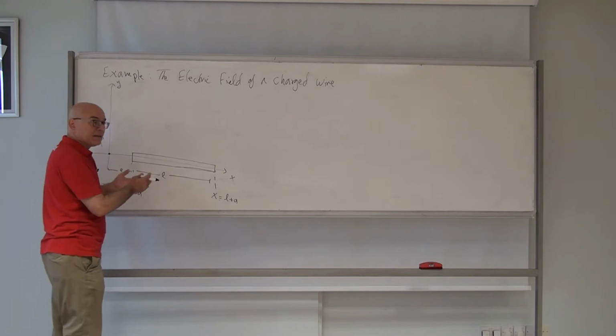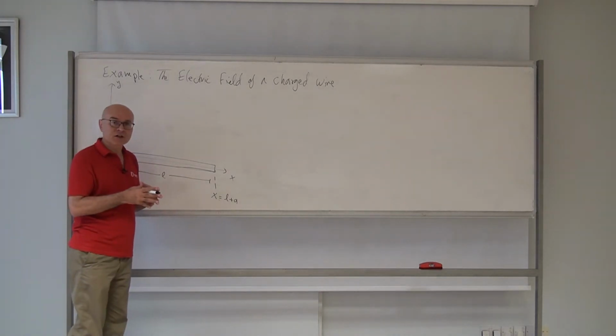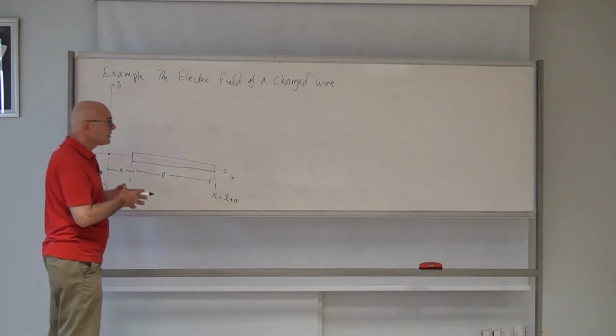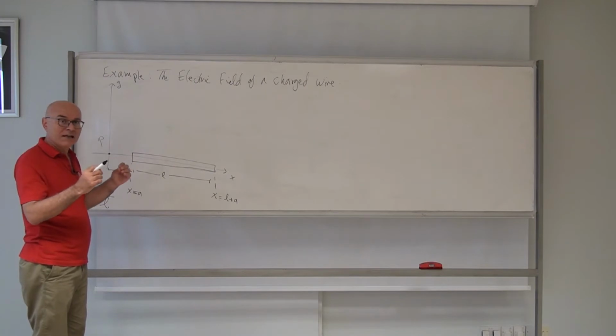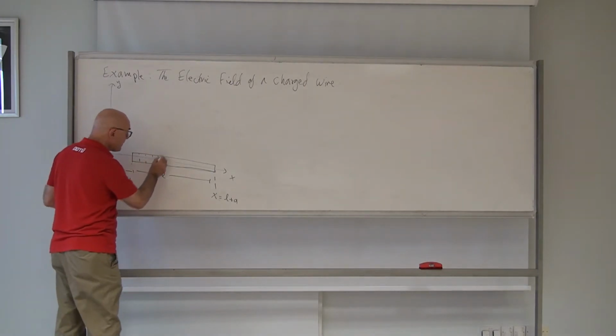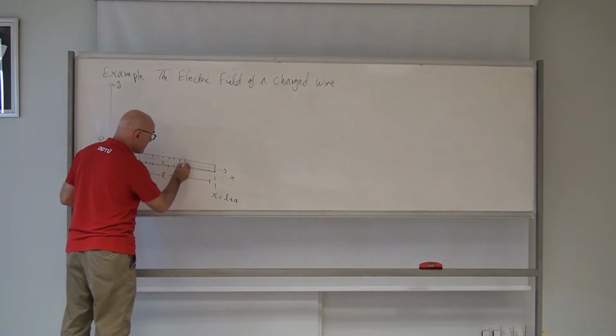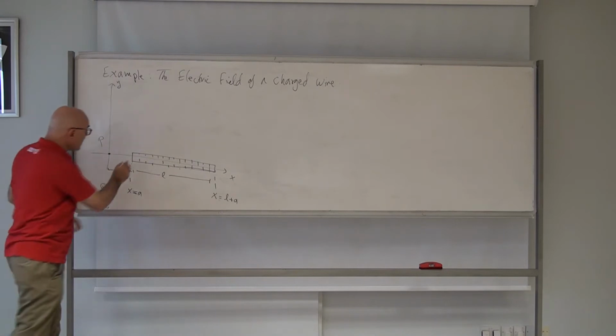Well, evidently, the major idea in finding the electric field of continuous charge distribution, as we have described, is to split the charge distribution into small elements dq. So evidently, here, the length of the wire will be cut into small elements.